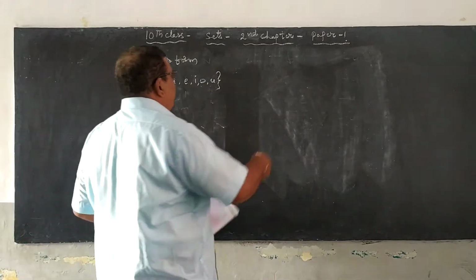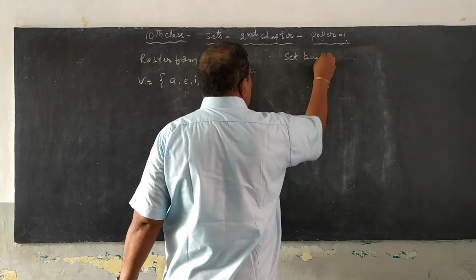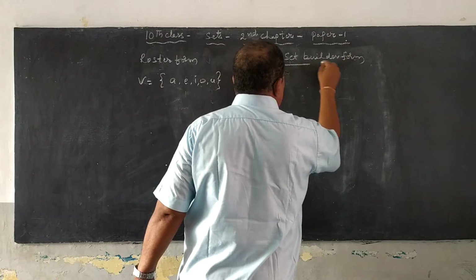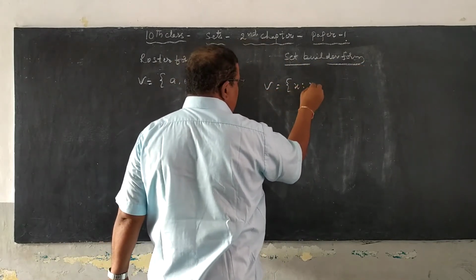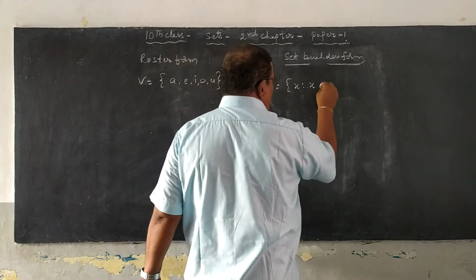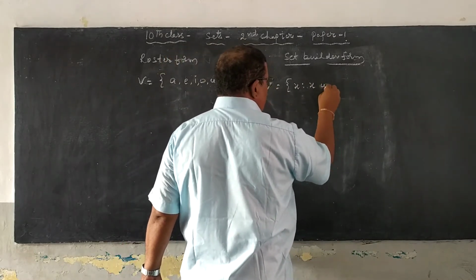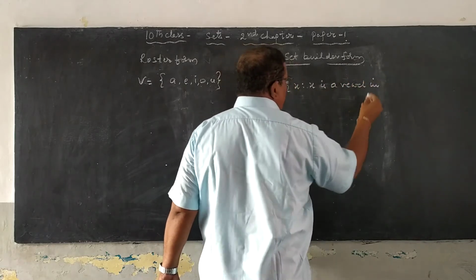So how do we write the set builder form? V is equal to x such that x is a vowel in the English alphabet.